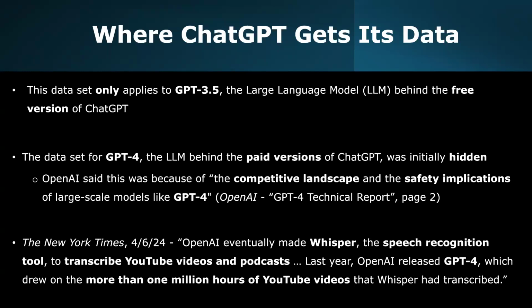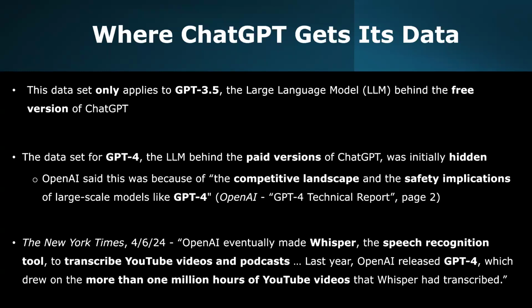While information on the dataset used to train GPT 3.5 is openly available, OpenAI did not initially reveal any details of the dataset for GPT-4, the more advanced model used for paid versions of ChatGPT. OpenAI defended their lack of transparency in this area in their 2023 GPT-4 technical report, citing, quote, "the competitive landscape and the safety implications of large-scale models like GPT-4," end quote.